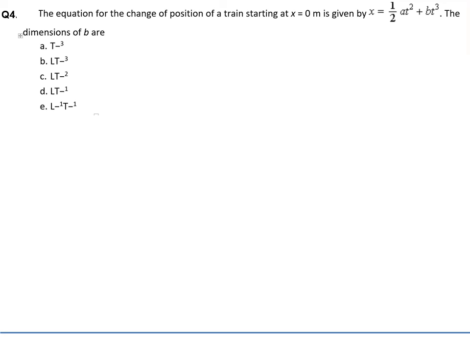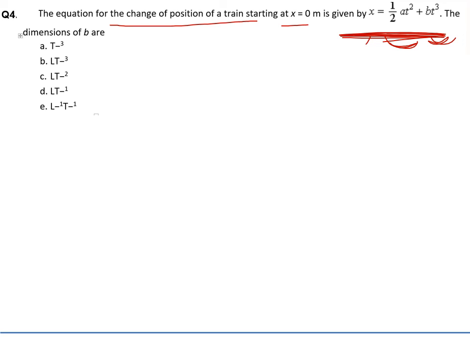Okay, the last question for this: the equation for the change of position of a train starting at x equals 0 meter is given by x equals half of at square plus bt cube, and we need the dimension of B. Now remember, whenever you have this type of equation, on the left hand side you have only x, and on the right hand side you have two different parts, half of at square and then bt cube.